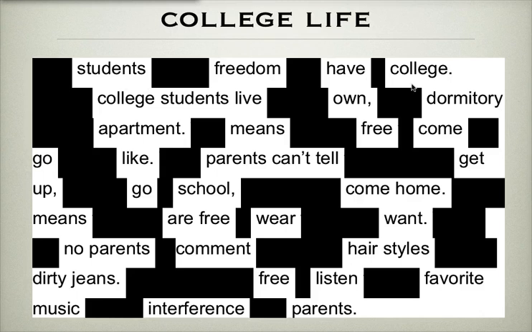And I see a lot of words that relate to college, such as dormitory, apartment, parents, school, even home, music, hairstyles, or even interference. So just by quickly looking over, I can get a general idea that this paragraph is probably about students when they go off to college and the freedom that they experience once they're there. And it gives many examples of this.